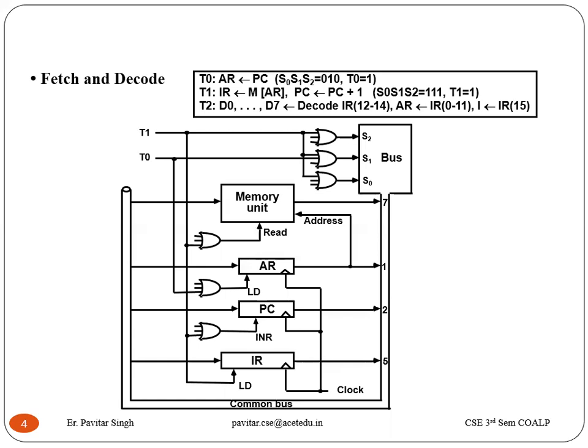Next we have T1. At T1, the instruction present at this memory location will be loaded into IR. IR is the register which stores the instruction read from the memory at the address given by the address register, right? At the same time, the value of the program counter becomes PC plus 1, to load the address of the next instruction.